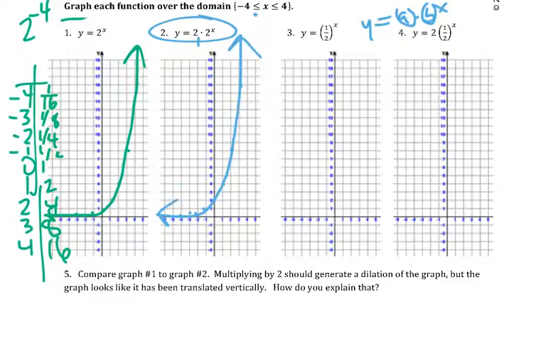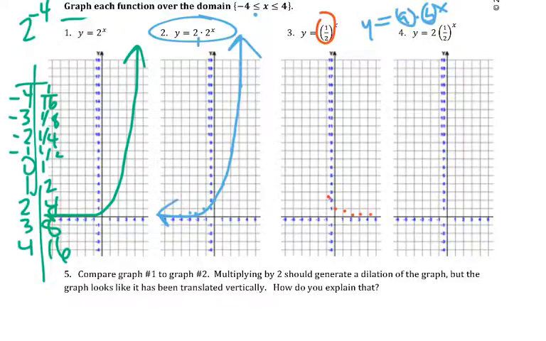Okay? Then 3 is 1/2. Okay? So if I go 1/2 to the -4, that's actually 2 to the 4th. So it ends up just being backwards. And we'd end up with 2 to the 0 would be 1. And as I go left, it would get bigger, and as I go right, it would get smaller. It's hard to get these dots just right.